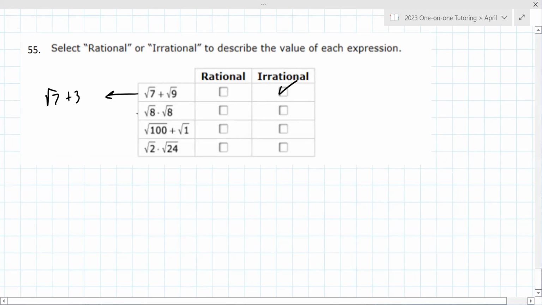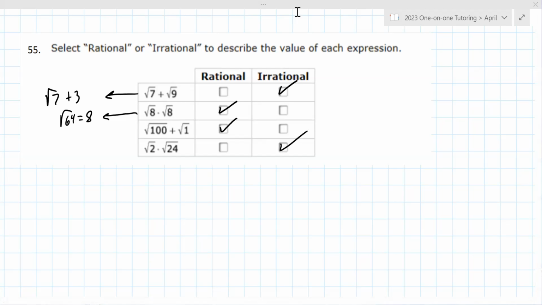Square root of 8 times the square root of 8, what does that simplify to? Square root of 64, which equals 8. And that's good. How about the next one there? What do you say? 10 plus 1, so rational. Good. Irrational. Good.